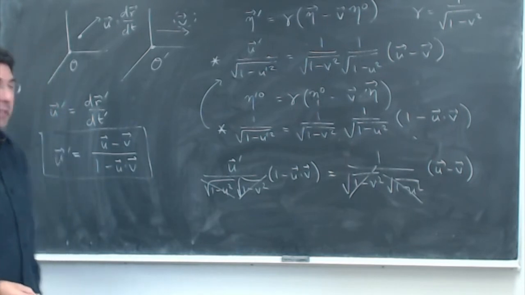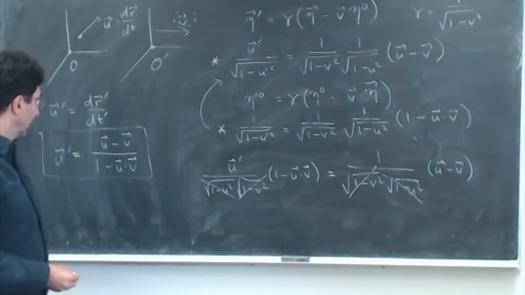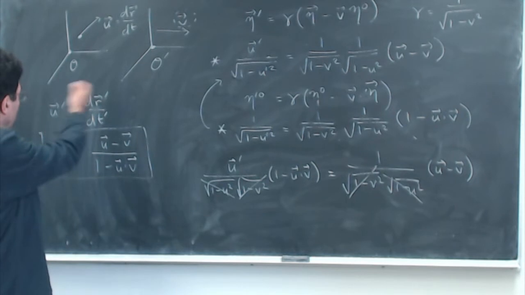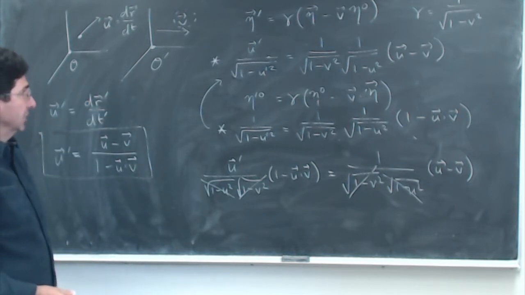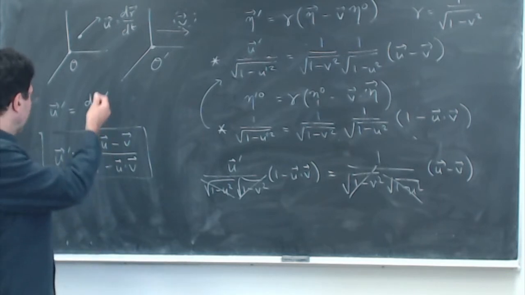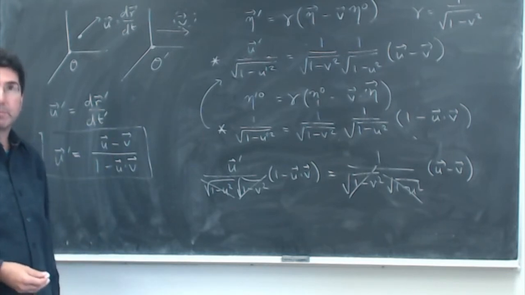And this is indeed the correct formula for the transformation of velocity. You could have gotten it by laboriously doing the Lorentz transformations, but we see it follows in a fairly simple way from the fact that eta is a 4-vector.